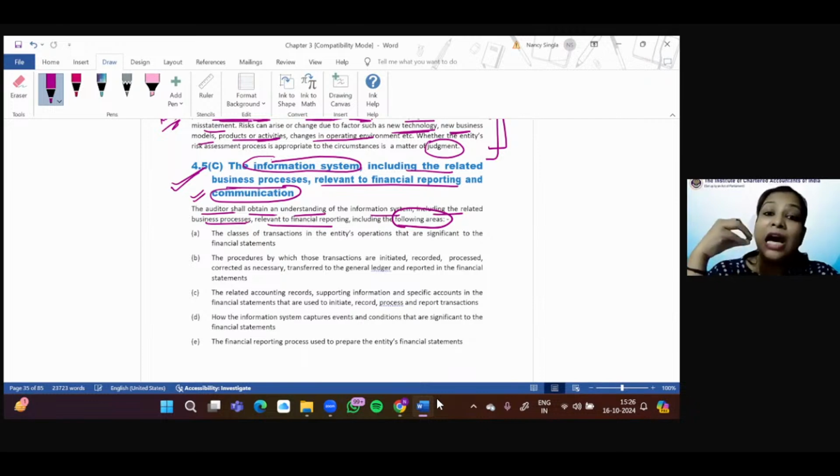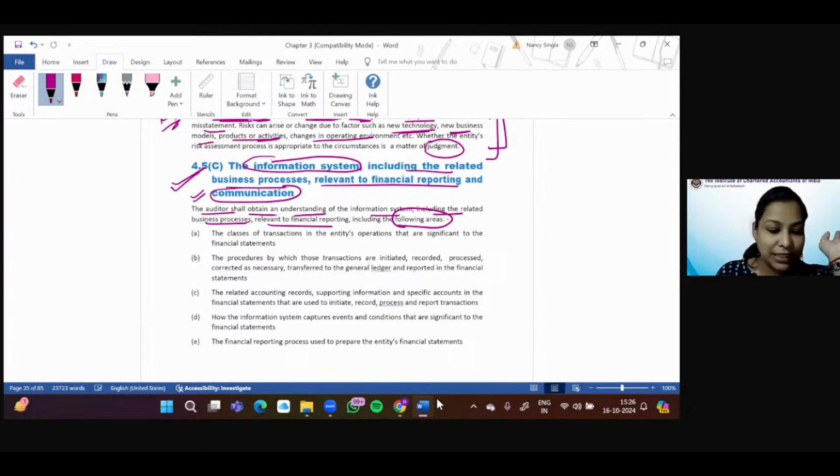How the financial reporting process is executed so that the financial statements are prepared. So all these areas will be covered when the auditor is obtaining an understanding about the information system. So basically how the information is put in, how the same is processed, and how the final outcome is received, right? So this is just an idea.